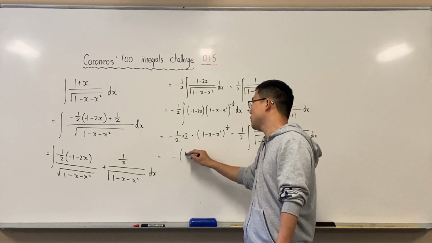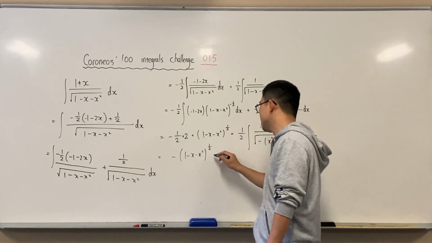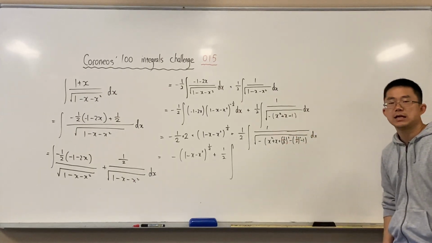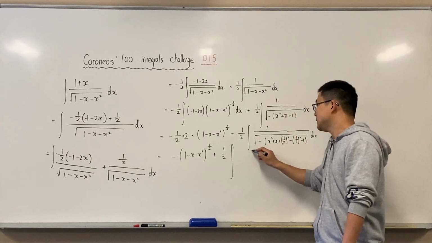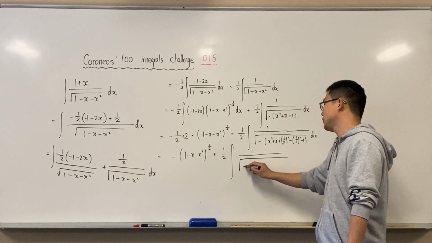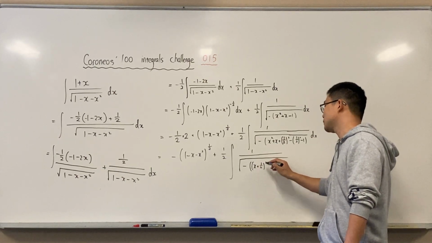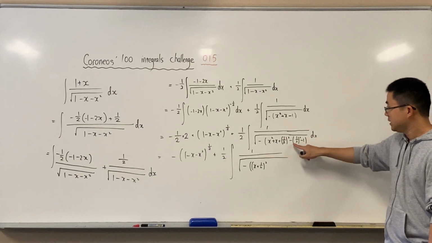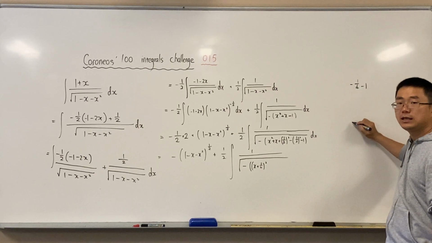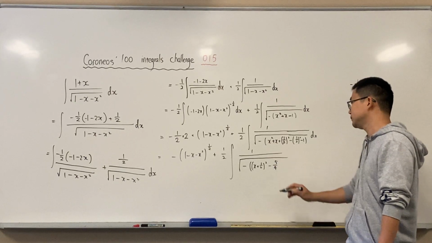Here's minus 1 minus x squared to the power of half, plus half, and we still need to work this one out. That's 1 over square root of minus x plus half squared. Let's do the calculation here. That's minus 1 over 4 minus 1, which is minus 5 over 4 dx.